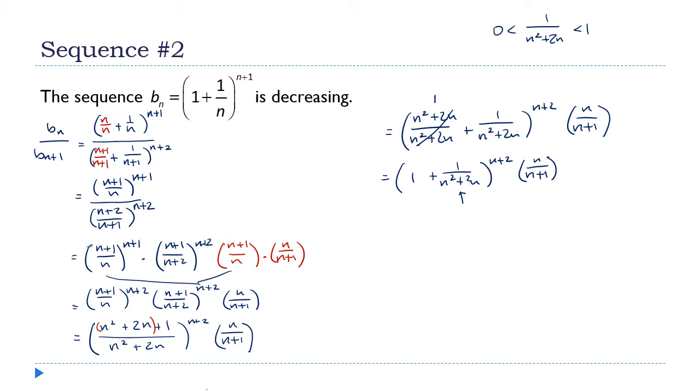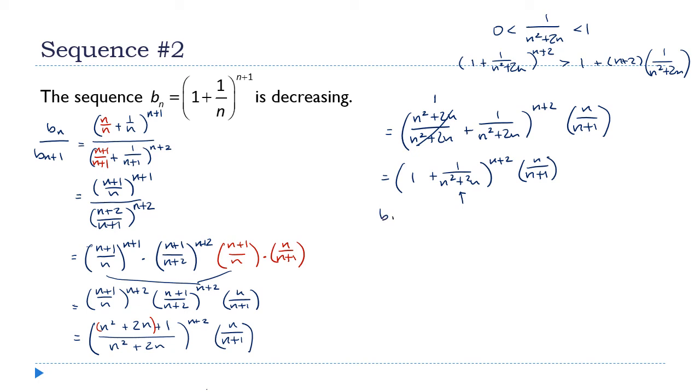So what I know is that (1 plus 1 over n squared plus 2n) to the n plus 2 is greater than 1 plus n plus 2, that's the exponent, times that a value, 1 over n squared plus 2n. That's Bernoulli's rule. Okay, so I'm going to make that substitution now.